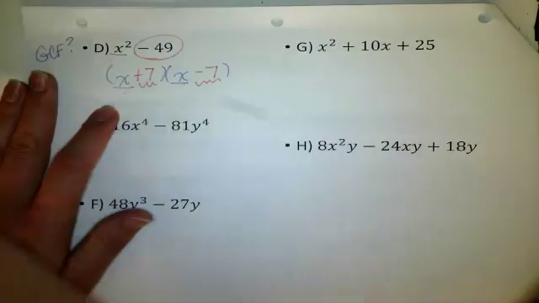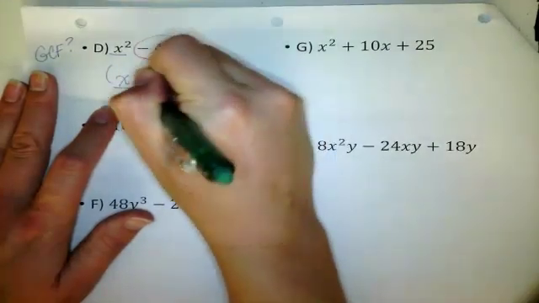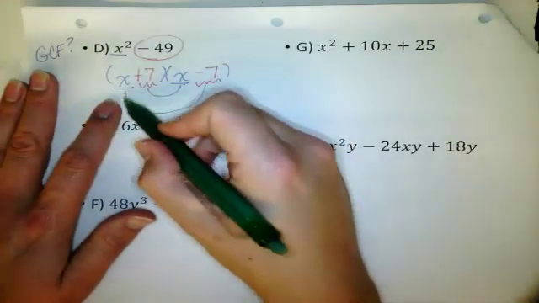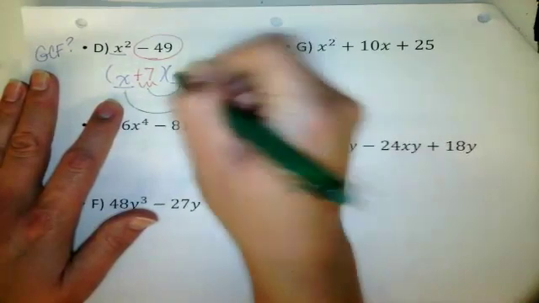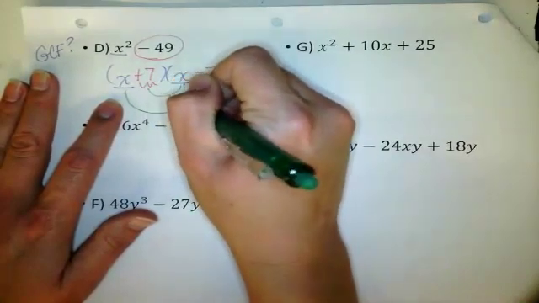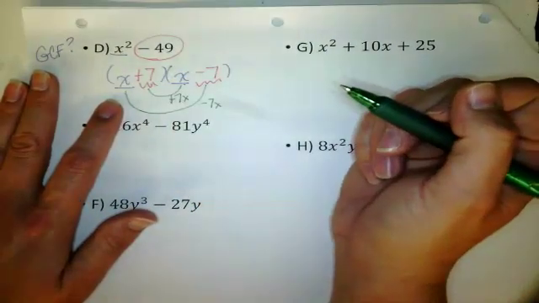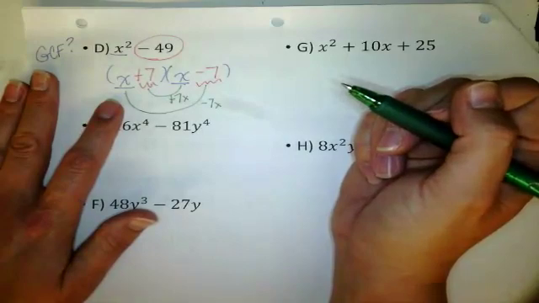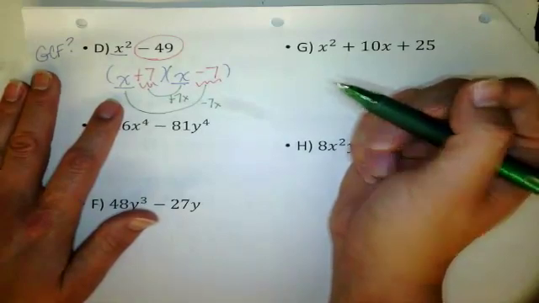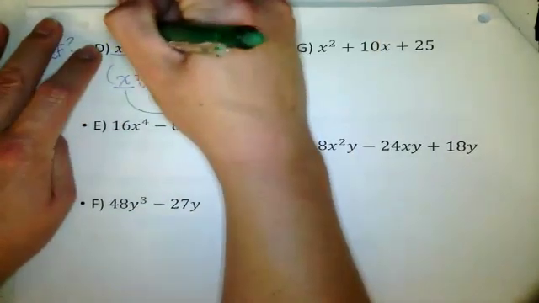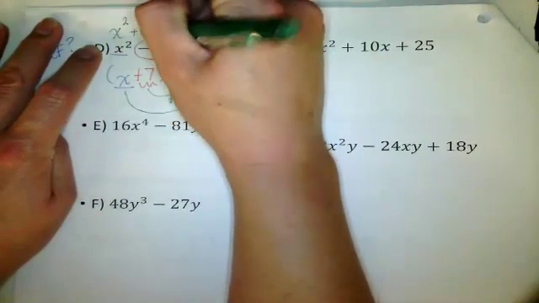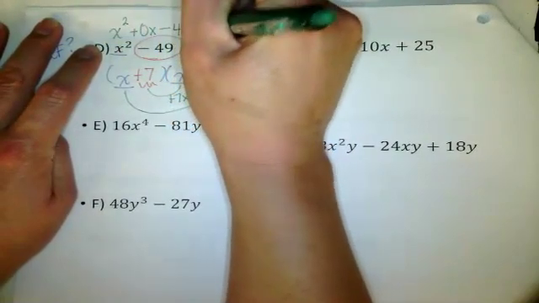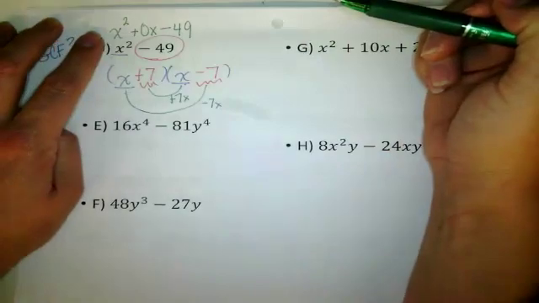How do you know you did it right? Check the rainbow. We have a negative 7x and a positive 7x. And what does that make? 0. Is it sufficient to say x squared plus 0x minus 49 is equivalent?